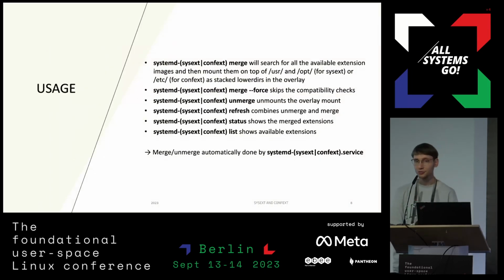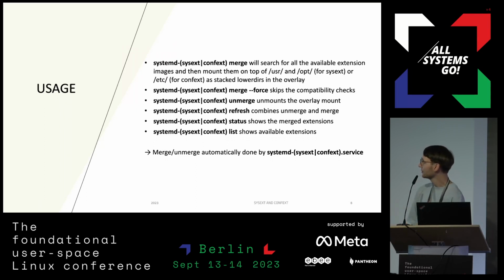Okay, so how do you use this? These are actually CLI tools, so systemd-sysext and systemd-confext are the CLI tools, and they have subcommands. The first one shown here is merge. It will search in the mentioned directories for all available extensions, check if they are compatible, and then mount them on top of /usr or /opt for sysext, or /etc for confext, as stacked lower tiers in an overlay mount.